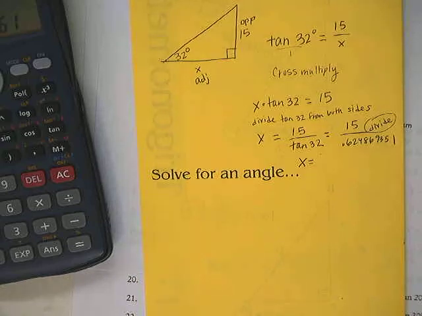No, stop guessing and actually divide it. 15 divided by 0.6249. 15, it's not that hard. Get out your iPod, get out a calculator, and divide. There you go. Good job. 15 divided by 0.6249.